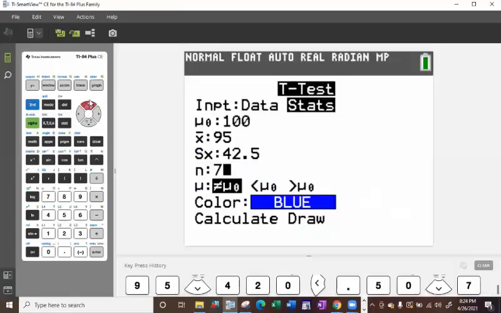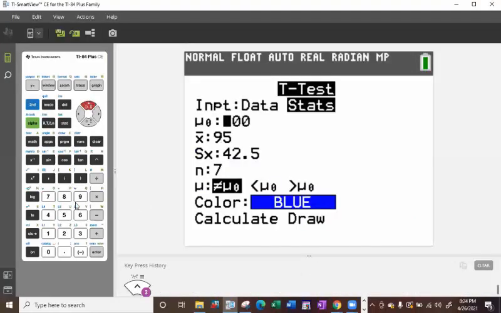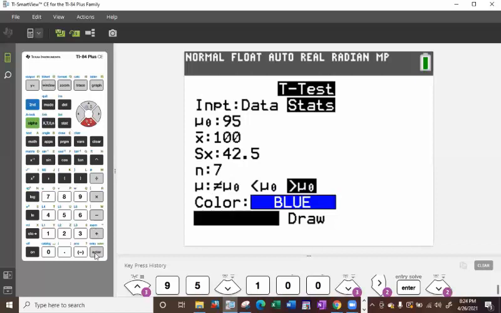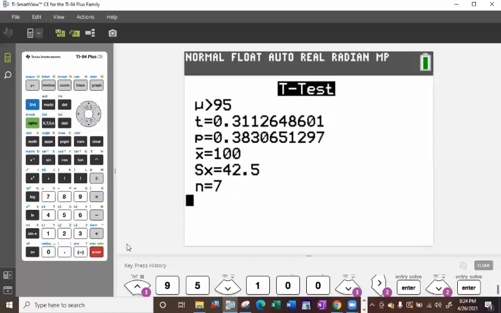But easily fixed. I go to 95 right here. Go to 100 right here. It's a right tail test. Okay. There's the 0.3113 test statistic.